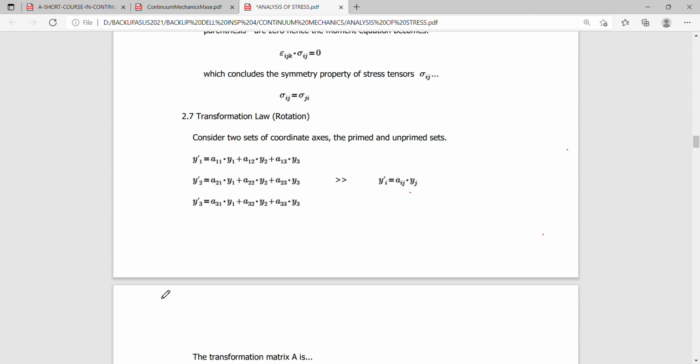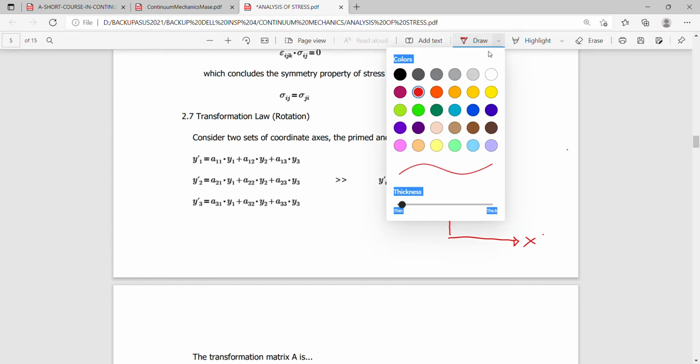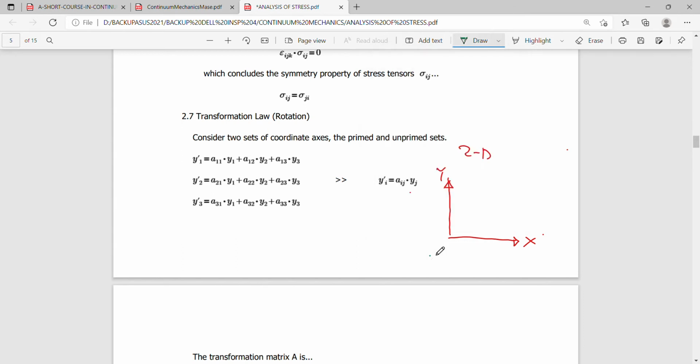That is, if you have here in a two-dimensional format a coordinate system defined by the x and y axis, we may therefore make a transformation from the original xy axis to another set of coordinate axes, say x prime, y prime, okay?